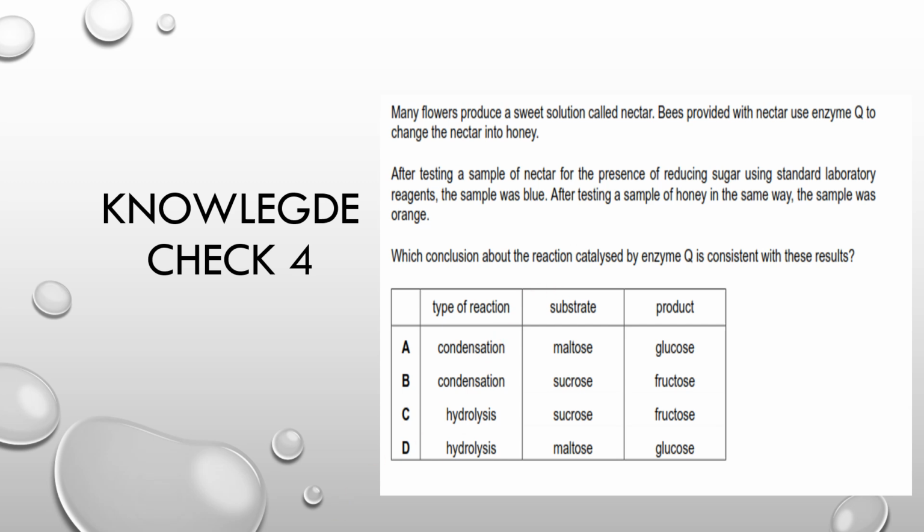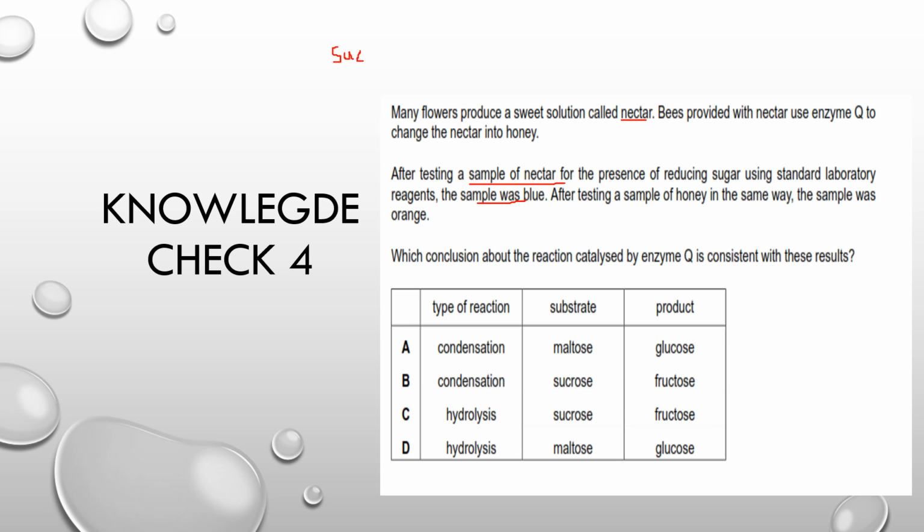Okay, so watch this. Remember, we are told that after they carried out the test for nectar using the standard laboratory reagent, it was blue, meaning no reducing sugar. That means I suspect that nectar had a non-reducing sugar, sucrose.